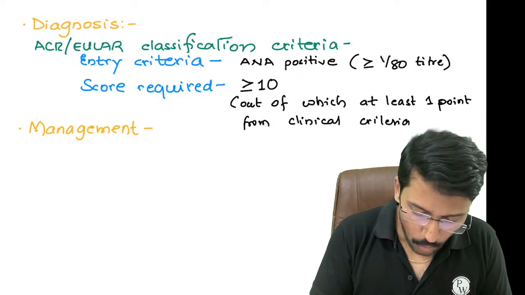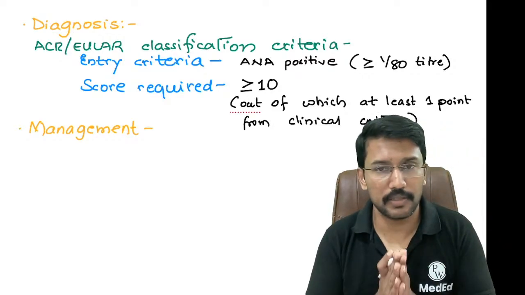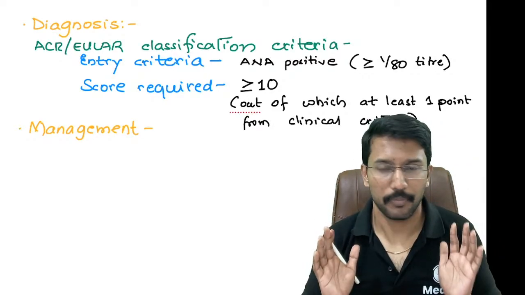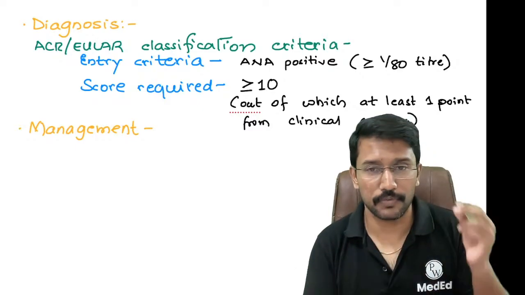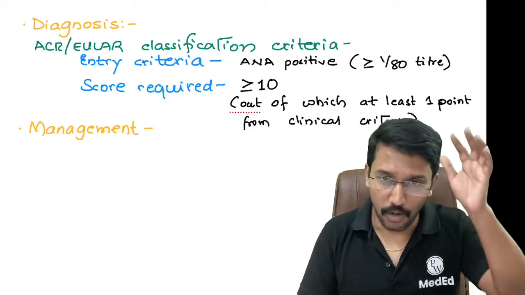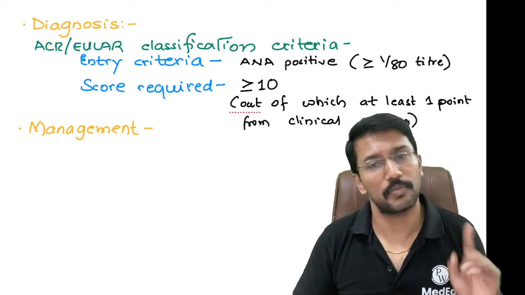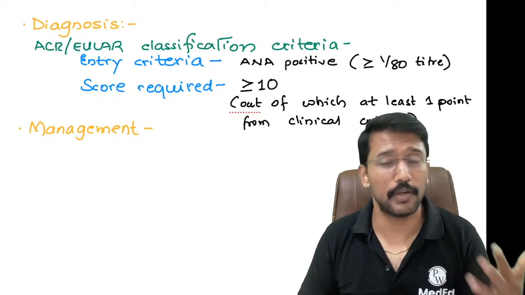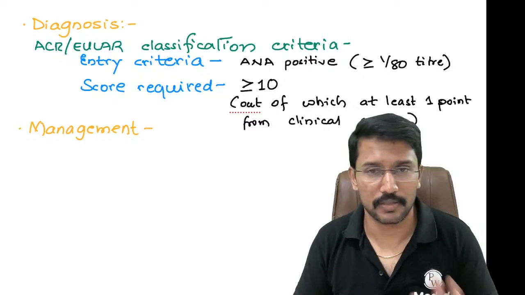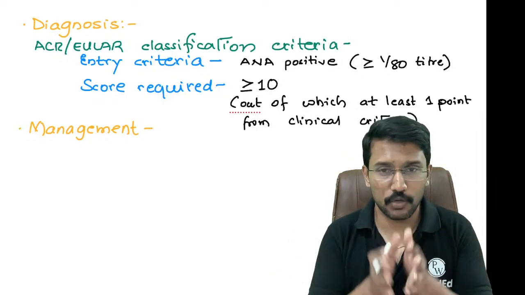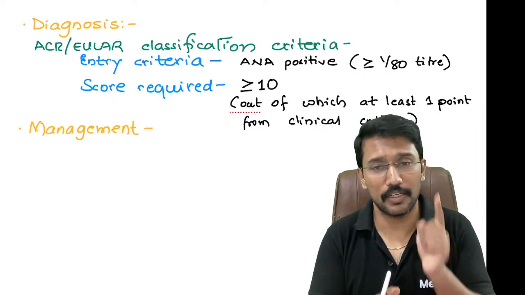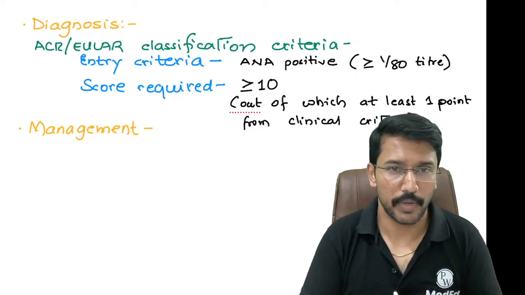So if you are getting all the 10 points from only lab parameters, we can't call it SLE, because I will give you examples of my own patients who meet all the lab criteria but they have no clinical signs of SLE. I cannot label such a patient as having SLE. Only when they start developing clinical symptoms, we will count it as a case of SLE. So out of the 10 points that you are calculating, at least 1 point should be coming from the clinical parameters.